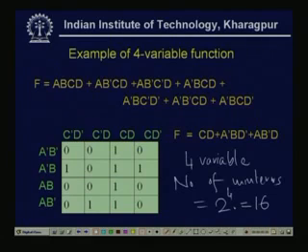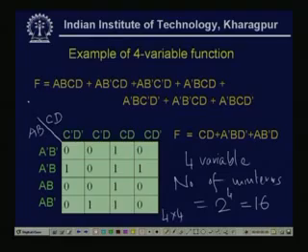So, the K-map size will be 4 by 4, meaning 16 cells. For the columns we are giving c, d, and for the rows we are giving a, b. That can be vice versa also, but for this particular example we have taken a, b for the rows and c, d for the columns.